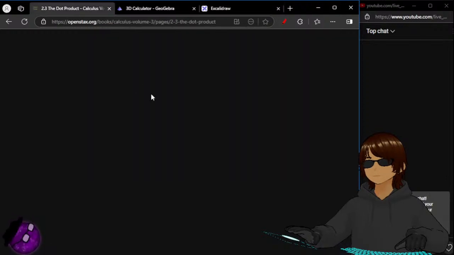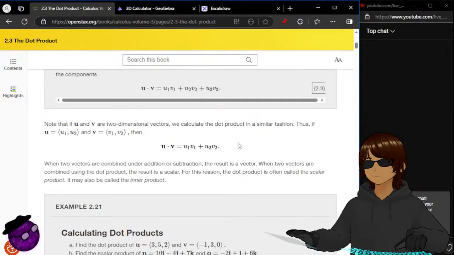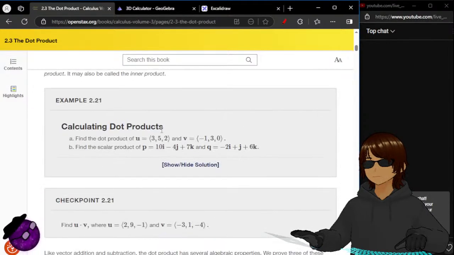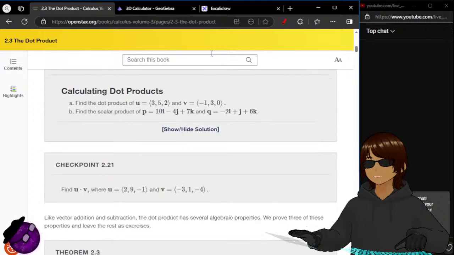This is in 3 dimensions. u1 v1 plus u2 v2 plus u3 v3.